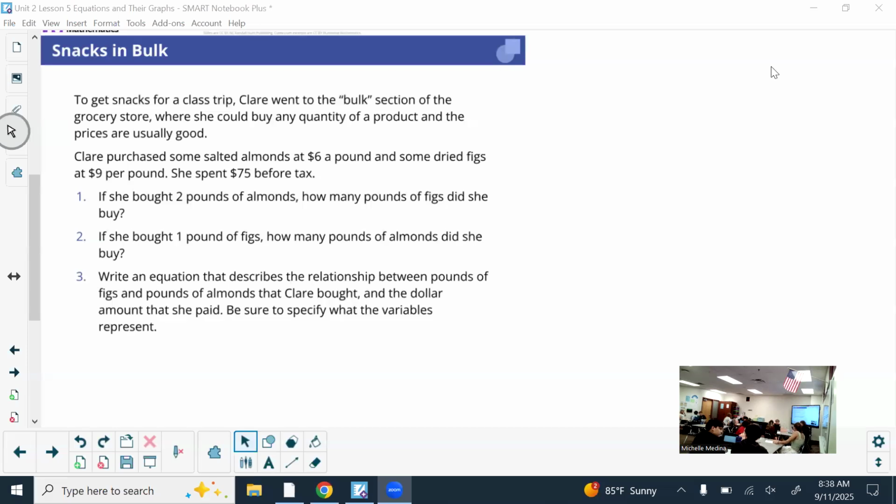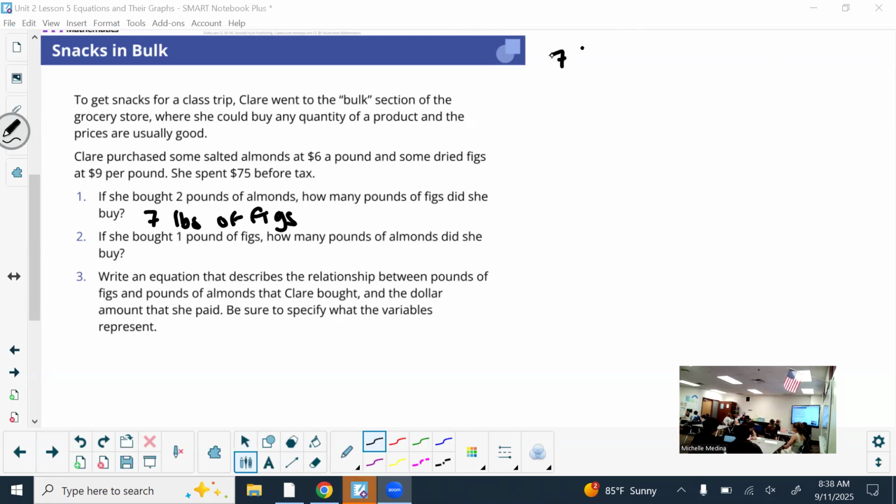So table 1, if she bought 2 pounds of almonds, how many pounds of figs did she buy? Pounds of figs. And what math did you do to get that? 75 minus 9. Okay, and then we can do anything else. What is 75 minus 9?